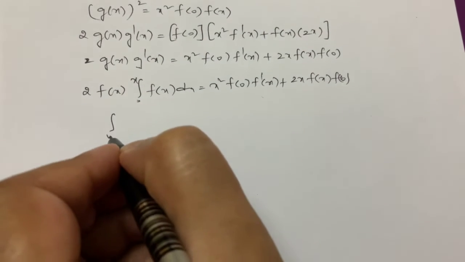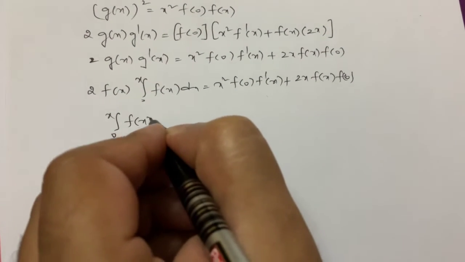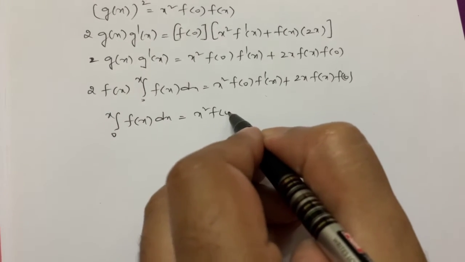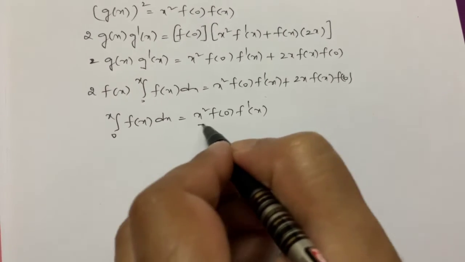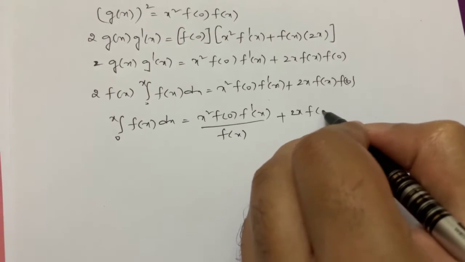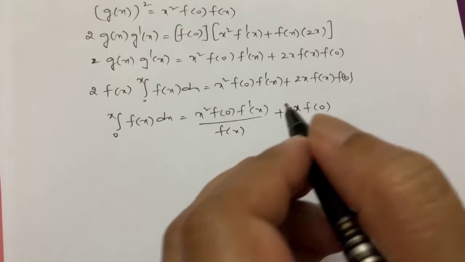So ∫₀ˣ f(x) dx = x² f(0) f'(x)/f(x) + 2x f(0). That is what it is.